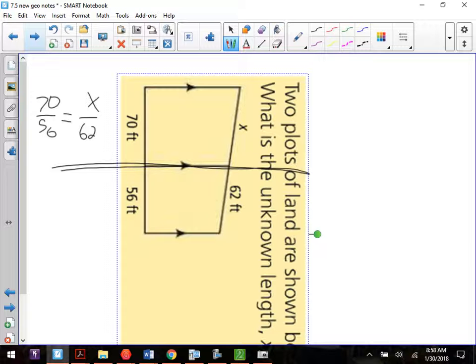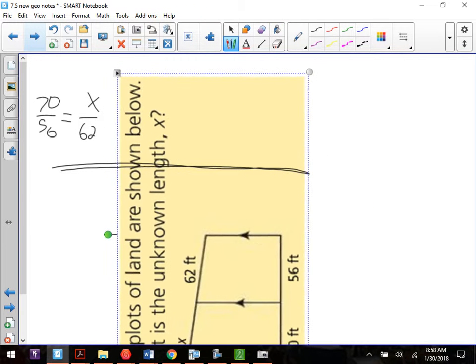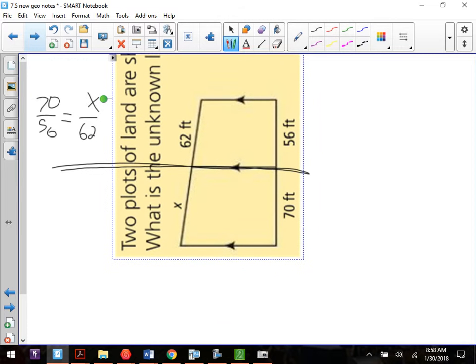That's right. If we wrote 56 over 70, what would we have to write on the other one? Yeah. Exactly. So if I turn mine clockwise, if you turned yours counterclockwise, it still acts as a fraction bar, right?